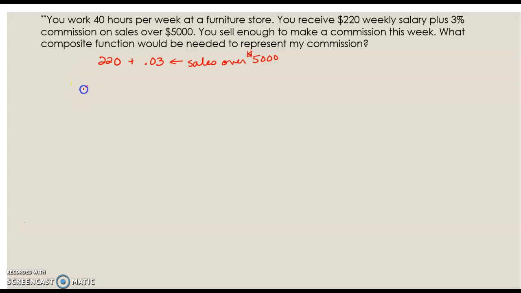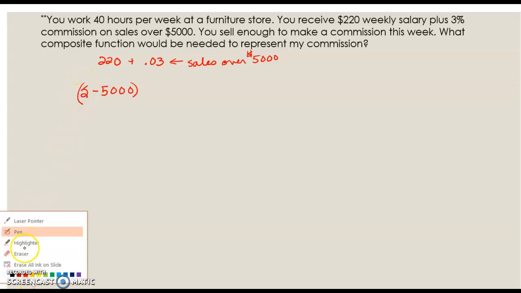All right, so let's say that my sales are what they are. I would have to subtract off $5,000 from my sales. Let's make that something else. I guess I could make commission. We'll do that.